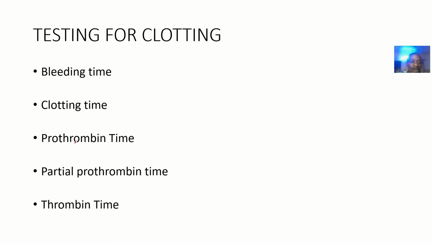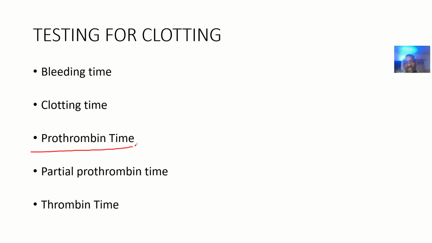Then how about prothrombin time? We spoke about the extrinsic pathway and the intrinsic pathway coming together to form the prothrombin activator, which converts prothrombin to thrombin. How long does it take for prothrombin to be converted to thrombin? That's prothrombin time. Then partial prothrombin time is basically half of that time.